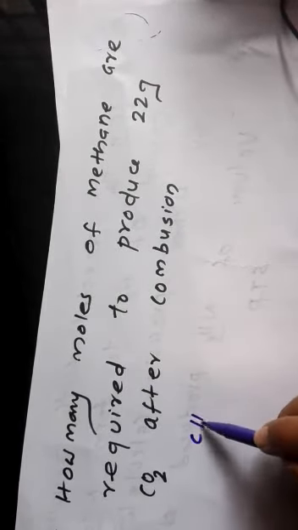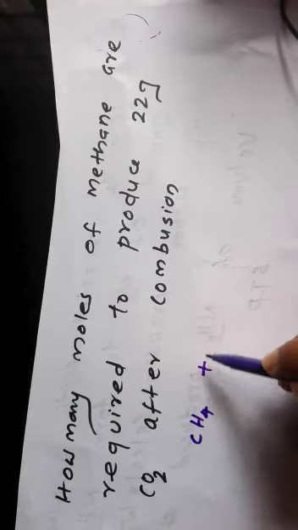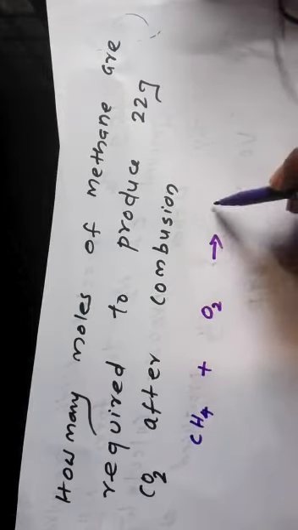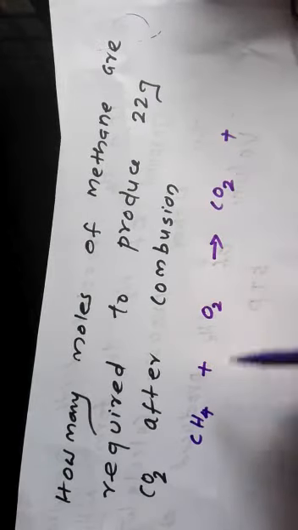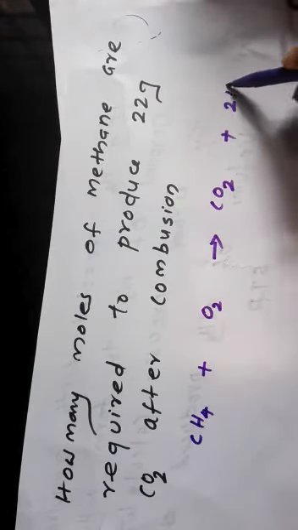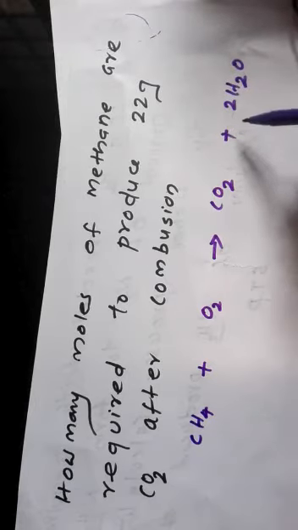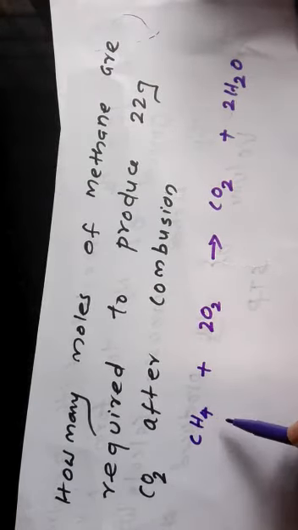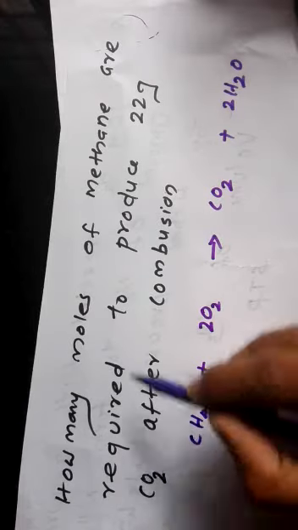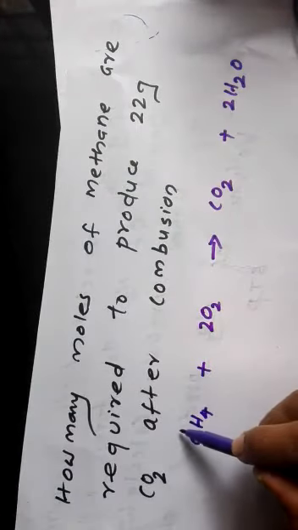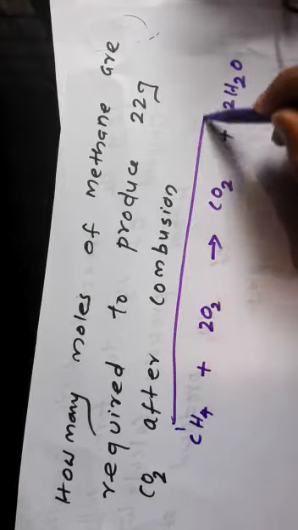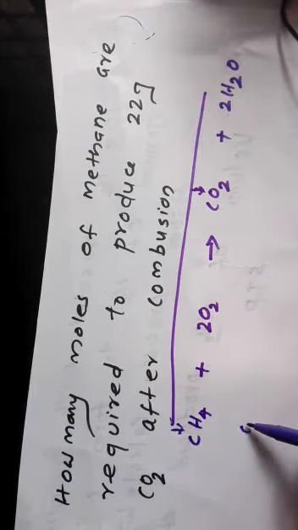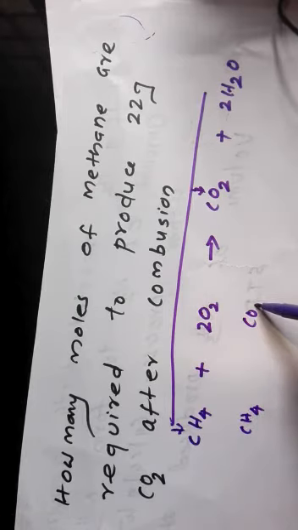Therefore, here also we have to write the balanced equation. Oxygen, how many? 1 carbon, carbon dioxide. How many hydrogen? 4. Therefore, 2 water molecules. How many oxygen? 4, that is 2O2. Now, our question is how many moles of methane? Take methane and carbon dioxide separately.